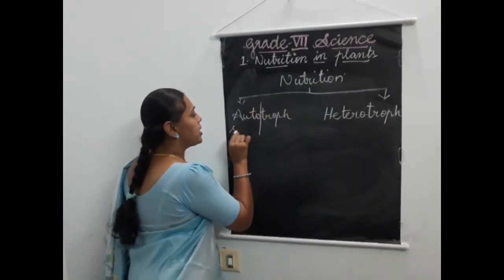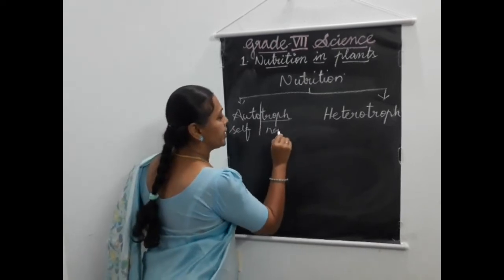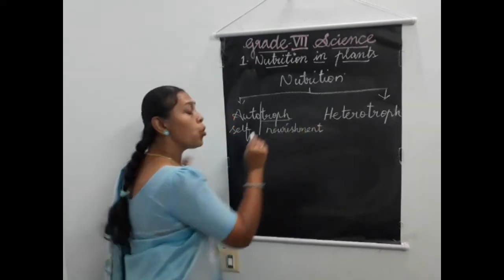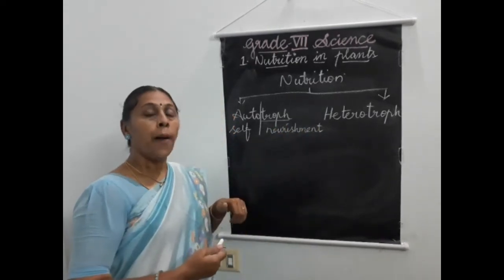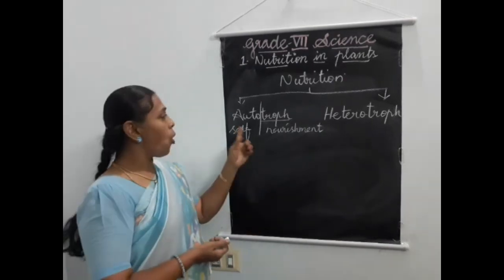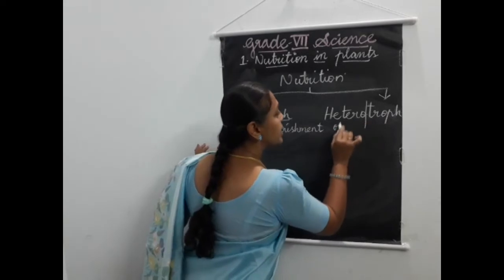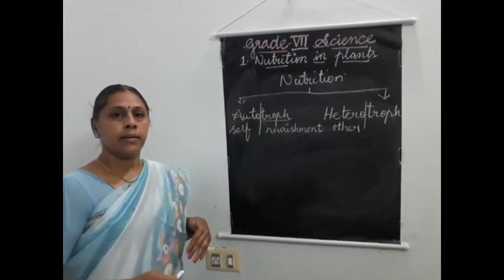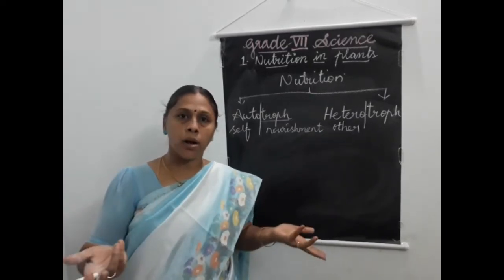Auto means what? Self. Troph means nourishment. So, preparing their own nourishment. Self, own. Preparing their own food is called autotroph. Hetero means what? Others. That means depending on others. So, what about us human beings, autotroph or heterotroph?